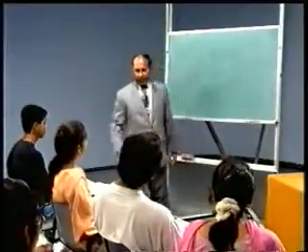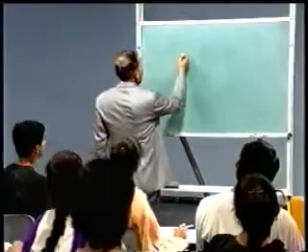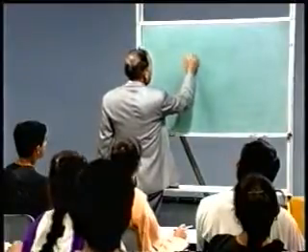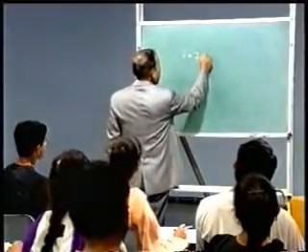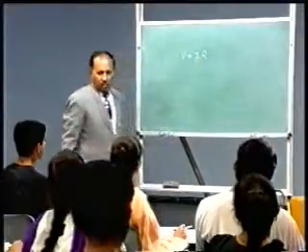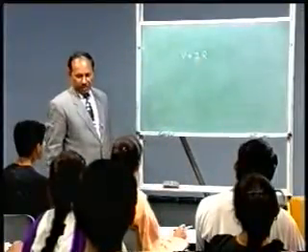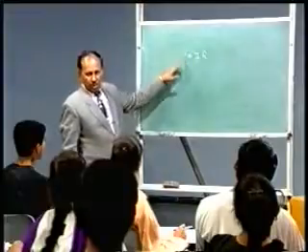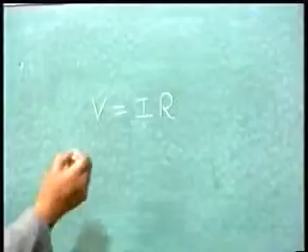Now, I will take a simple example. For example, you have V is equal to IR. This is an equation. What is the equivalent circuit? In this equation, do you see a circuit?